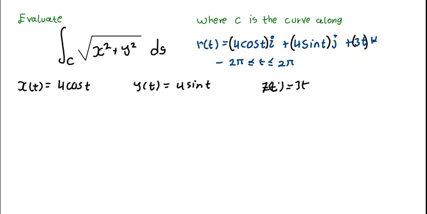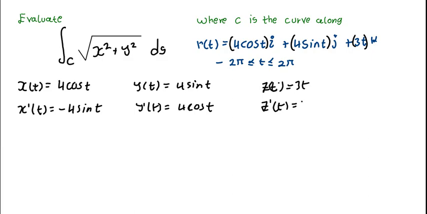So x prime of t is simply going to be equal to minus 4 sine of t. I've just differentiated that one there. Then y prime of t will be equal to 4 cos t. Then z prime of t will be equal to 3.